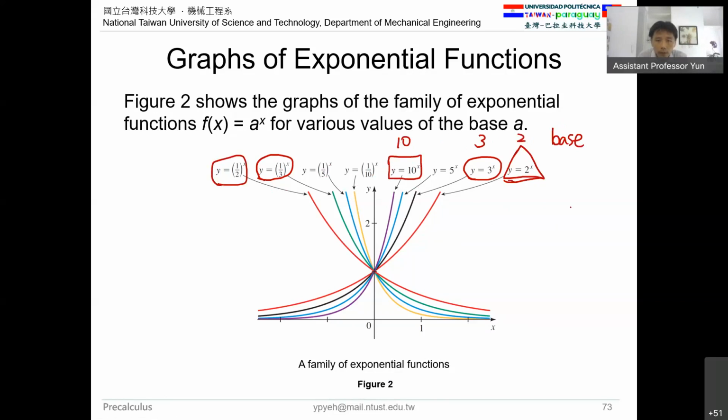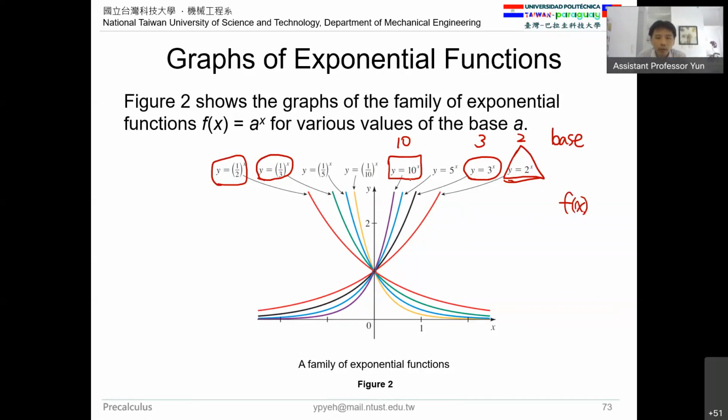As we learned, the larger the base, the more rapidly the function changes.